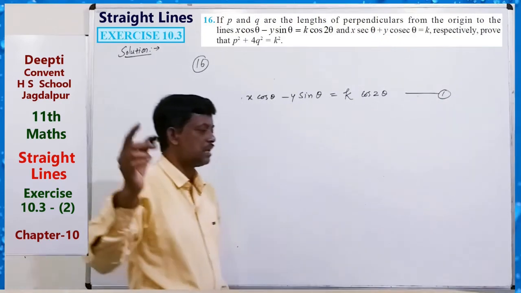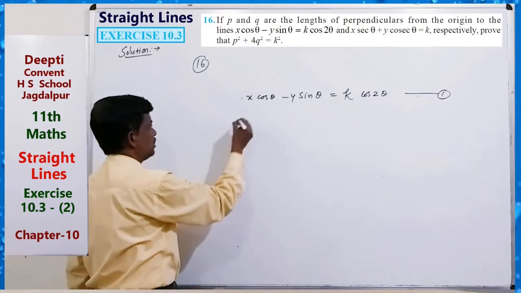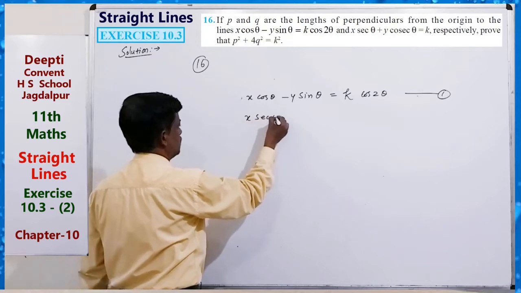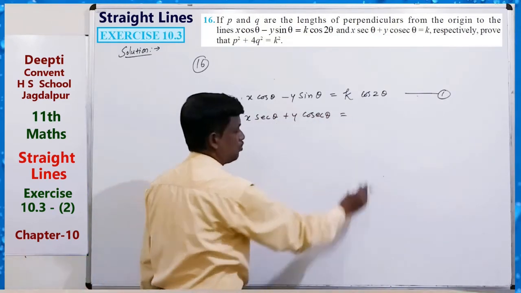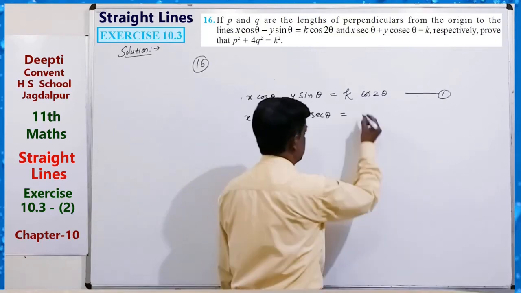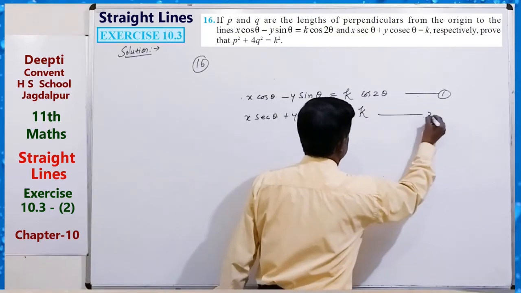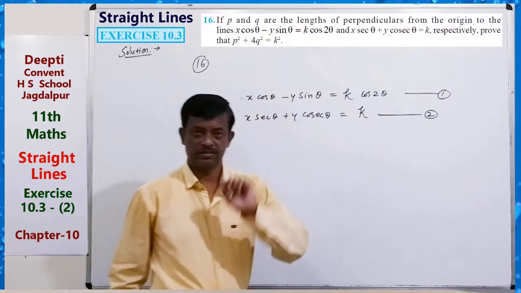And another line is x sec theta plus y cosec theta equals k. These are 2 straight lines.